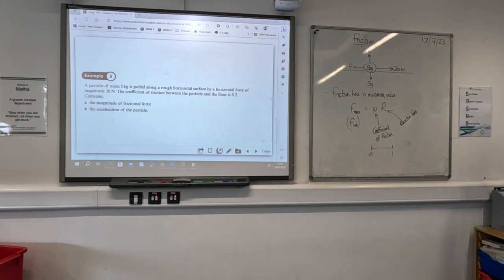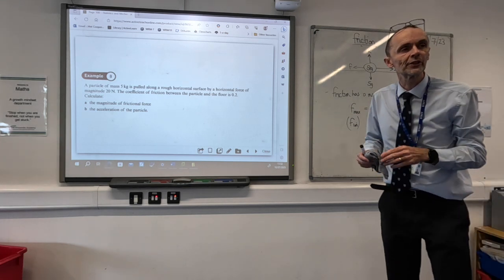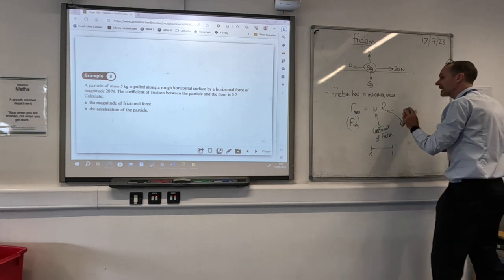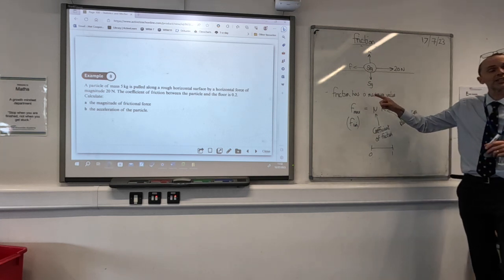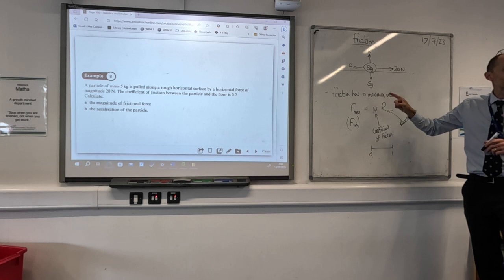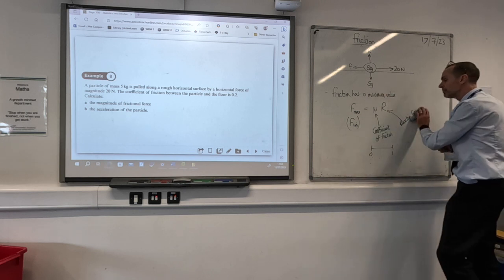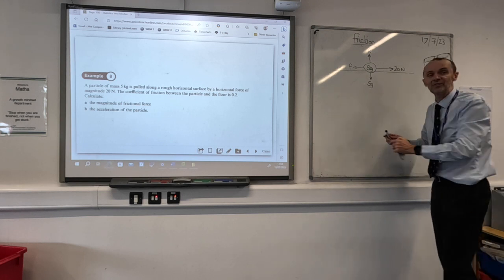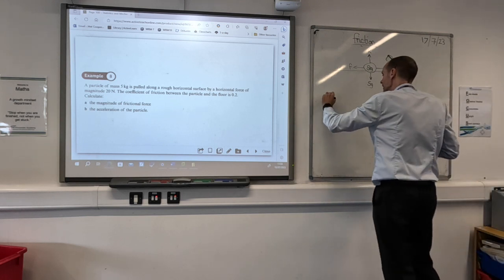F equals ma. It's moving, isn't it? It's moving, yeah. It's being pulled along a rough horizontal surface. So we know that it's moving. So the fact that it's moving means that friction has maxed out. Because it's moving, we know that friction is at its maximum value. And that's a really key point.